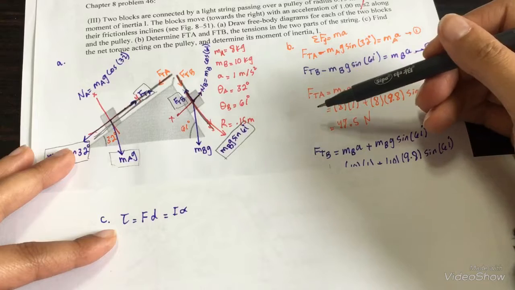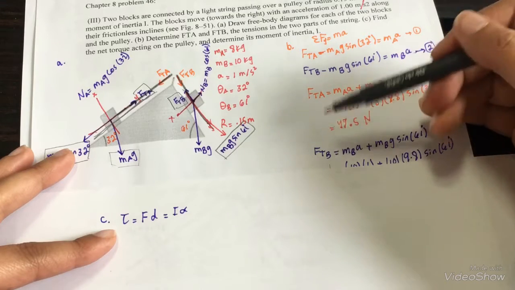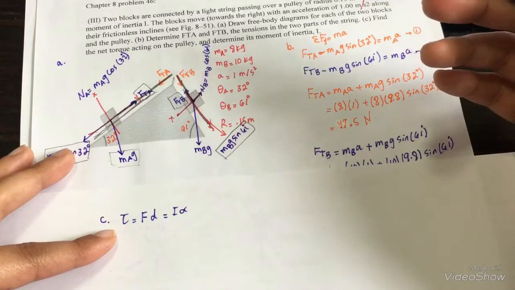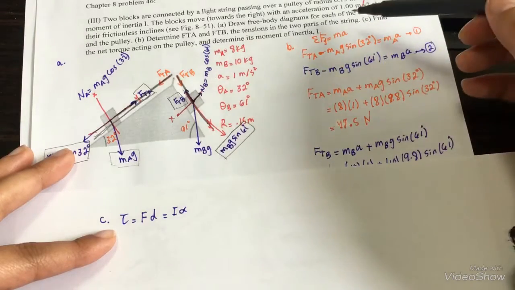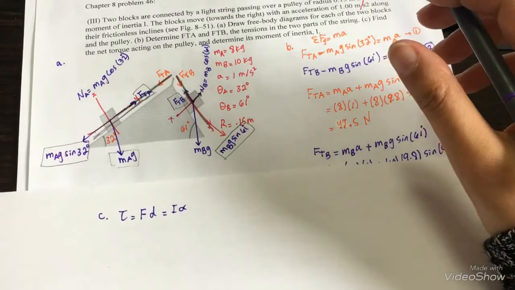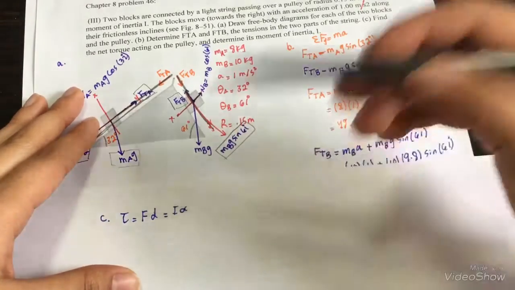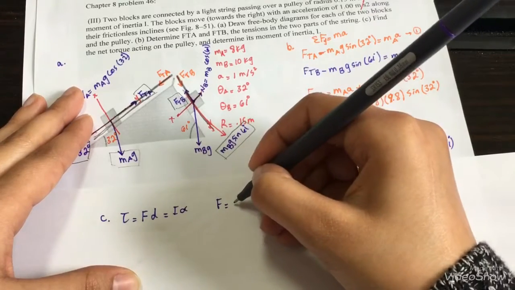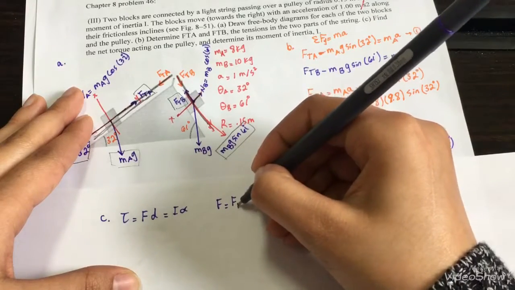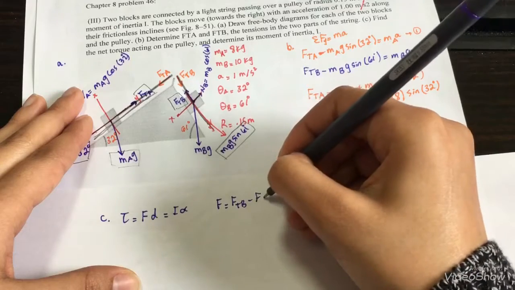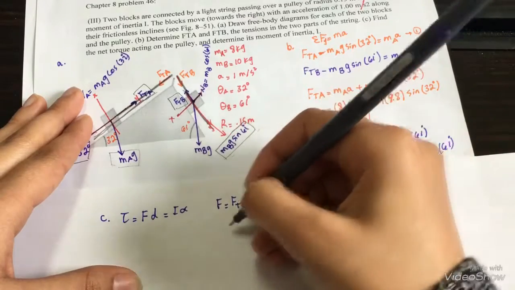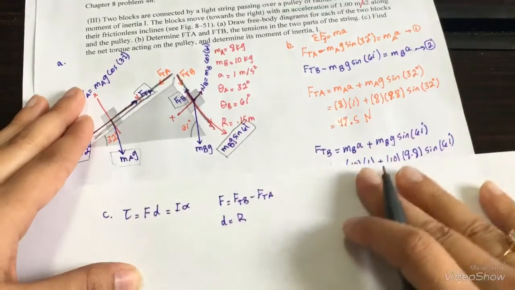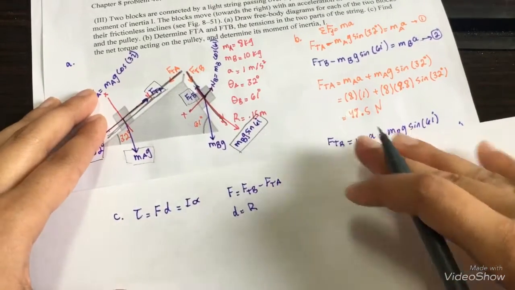Because we already found tension force A and tension force B, we are going to subtract them, and the radius is going to be the d.